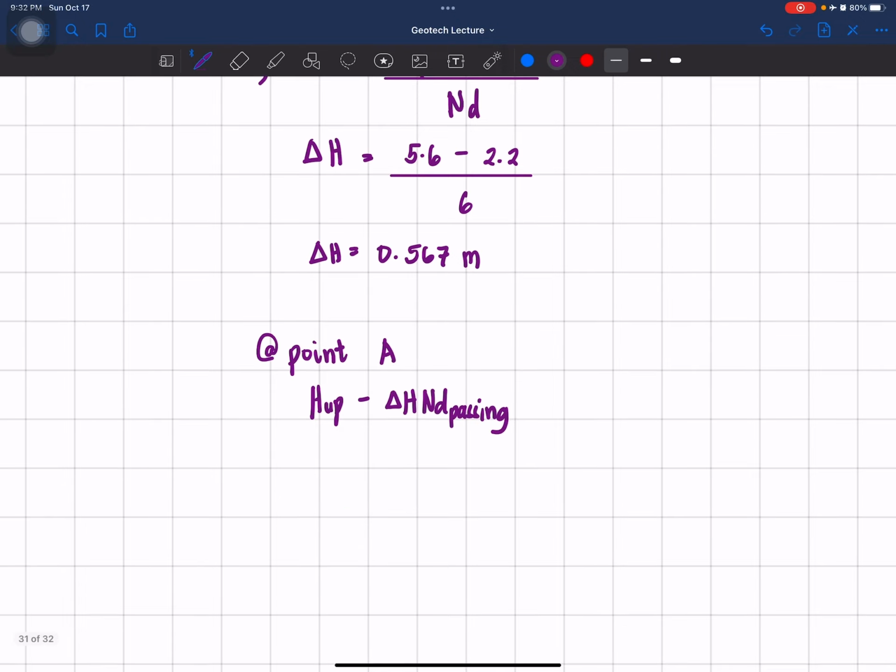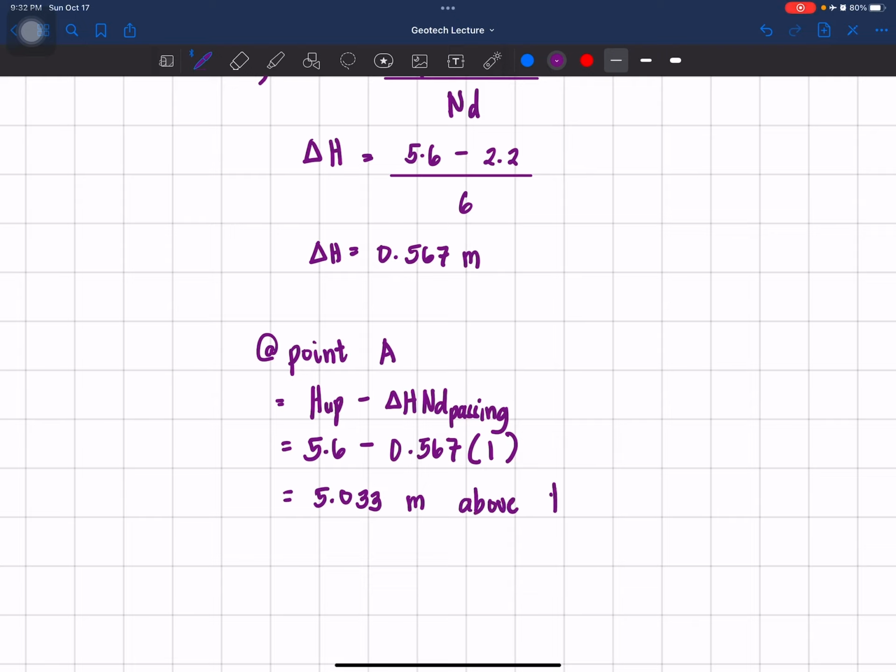So that is 5.6 minus 0.567. How many equipotential areas? There's only one. So that is now equal to 5.033 meters above the ground surface.